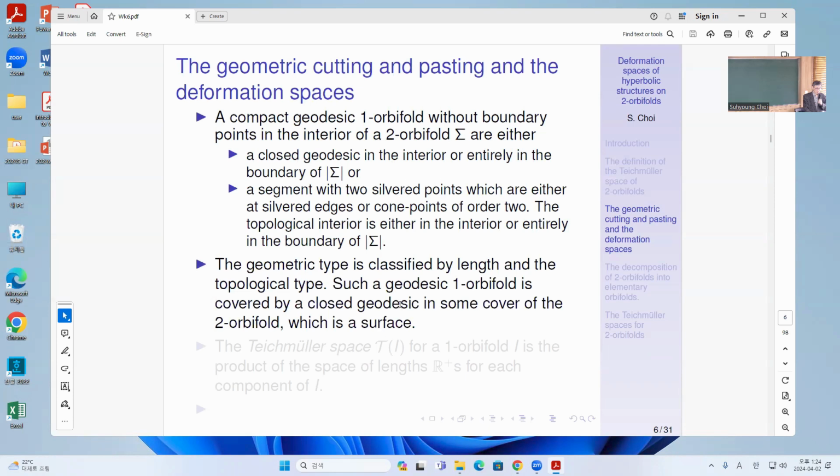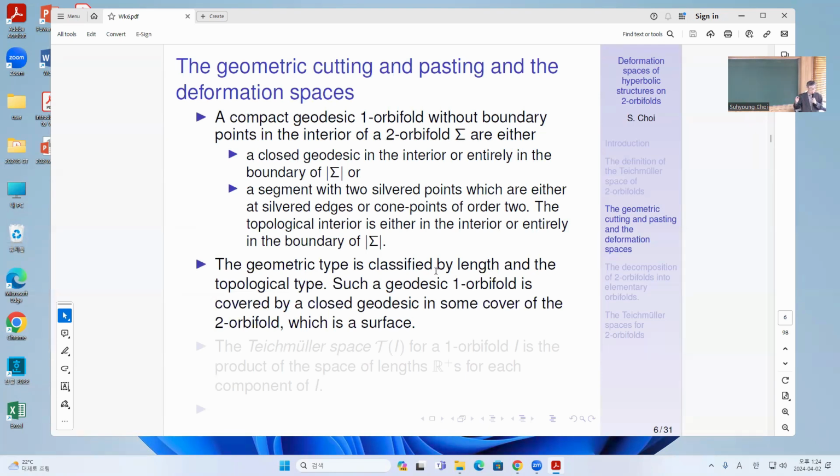Any such one-orbifold is actually covered by a closed geodesic in some cover of a two-orbifold, which is a surface. Because a segment with two silvered edges is covered by a closed curve by a 2-to-1 map, right? That's the covering in the orbifold sense.